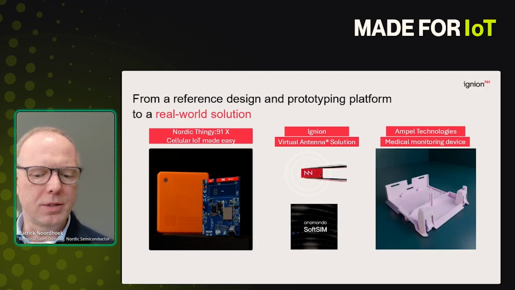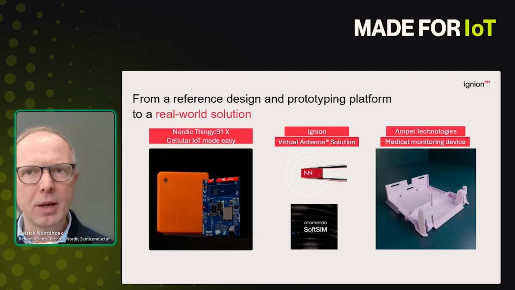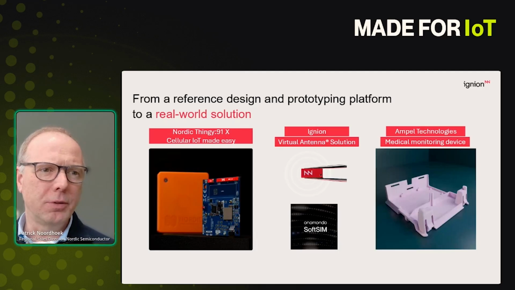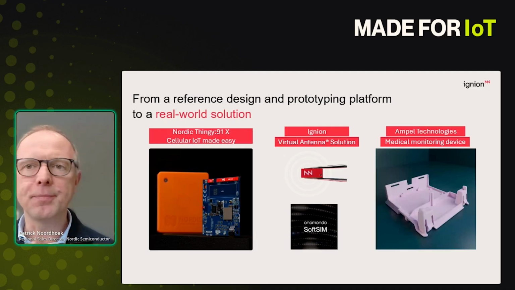It showcases the Onomondo connectivity solution. So basically, it's out of the box. We ship it with the Onomondo SIM card, and out of the box, it means this device is working straight away. So a customer who receives this can get started on cellular IoT right away. And the last bit that's included on it is the Nordic cloud solutions. It allows you to connect immediately to the cloud solutions that we offer.